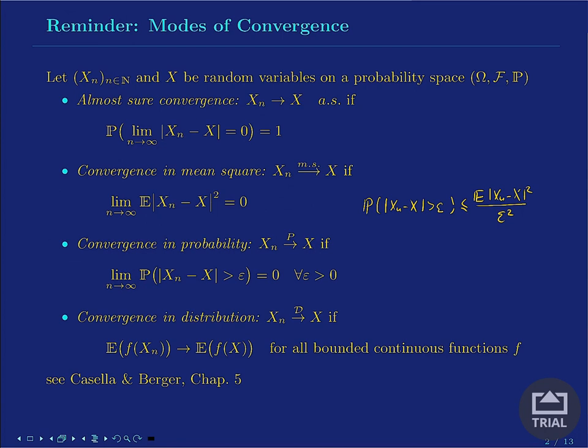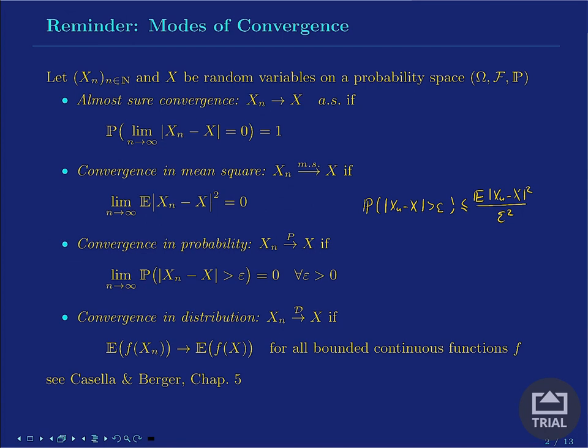The last mode of convergence is the convergence in distribution. So we say that the sequence Xn converges in distribution to the limiting random variable X if the underlying distributions converge, and that can be described in different ways.